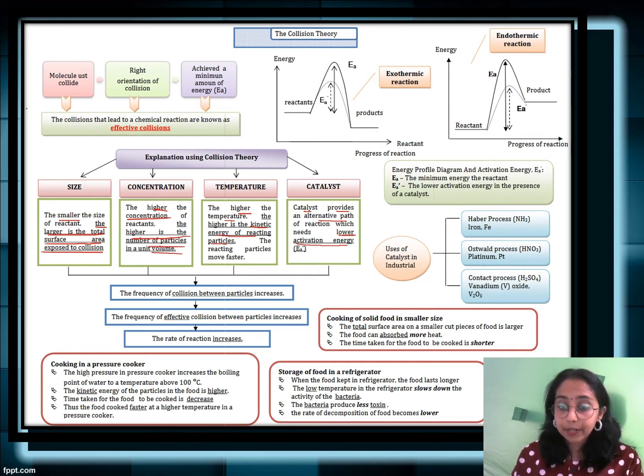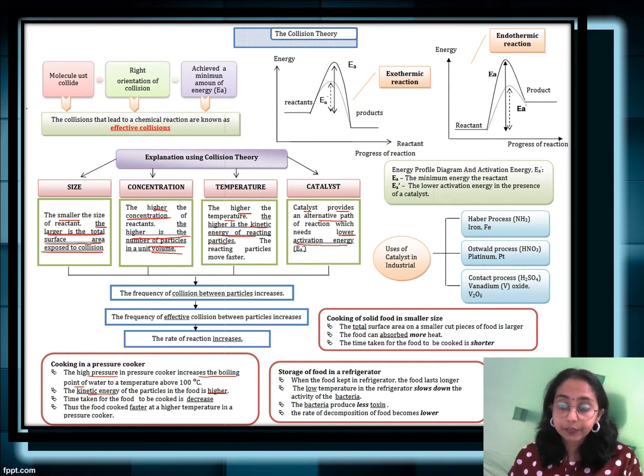Because of high pressure. The high pressure will increase the boiling point. When the boiling point increases, the kinetic energy of the particles in the food becomes higher. So, when the kinetic energy increases, the time taken for the food to be cooked decreases.